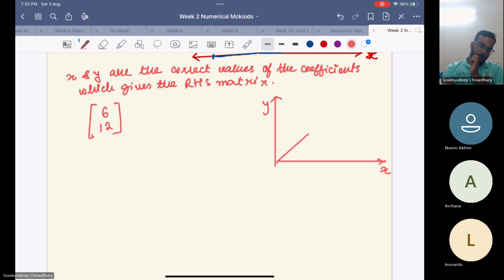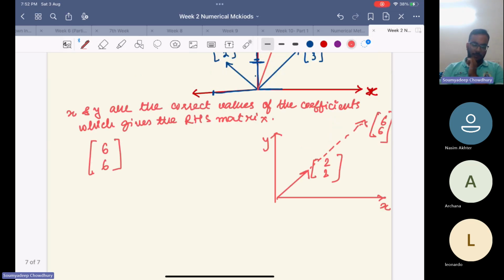Like this, suppose (2, 2). If I multiply it with 3, I'll get (6, 6). Multiplication by a scalar means just extending in the same direction, so we get (6, 6) here. This is the basic thing.